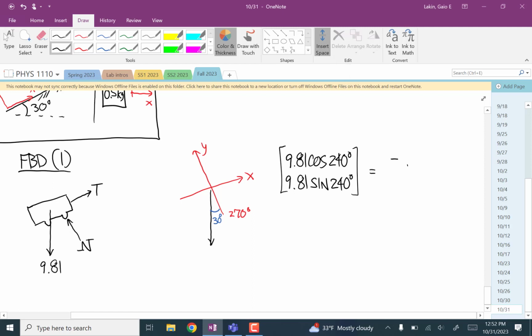And you get negative 4.905, negative 8.5.